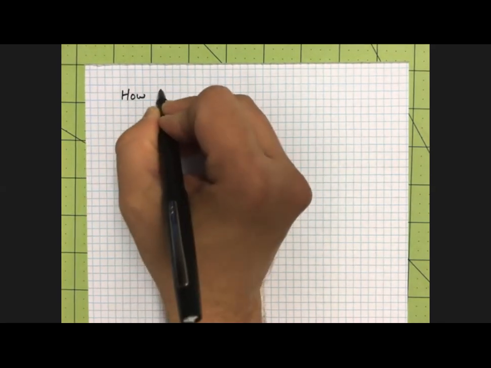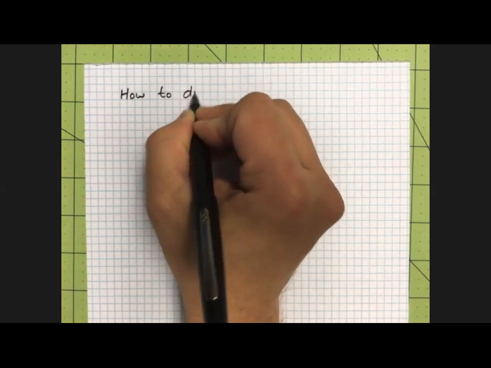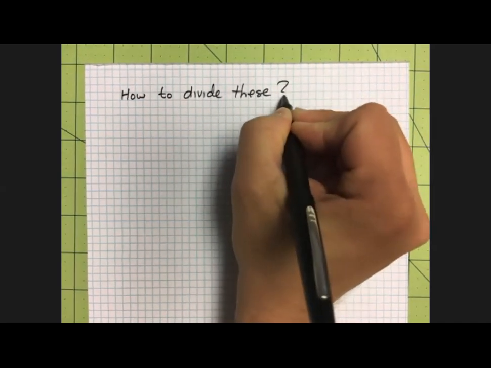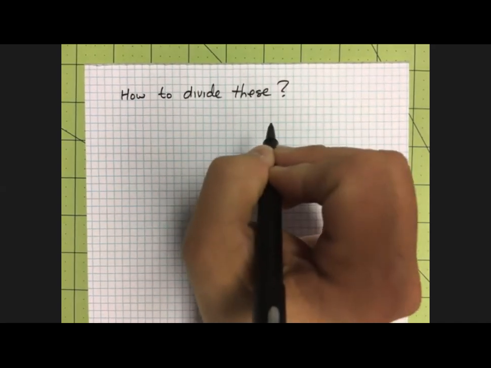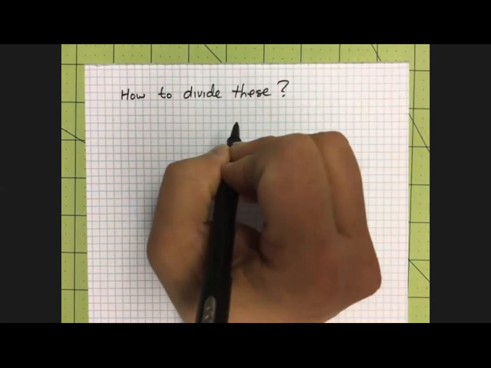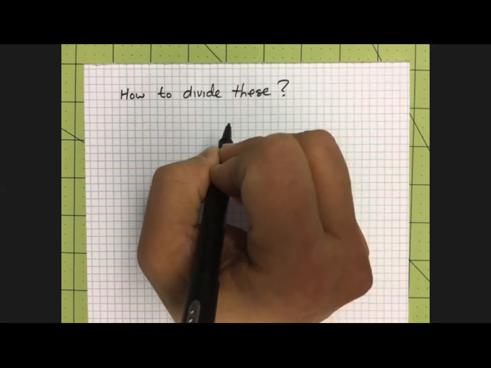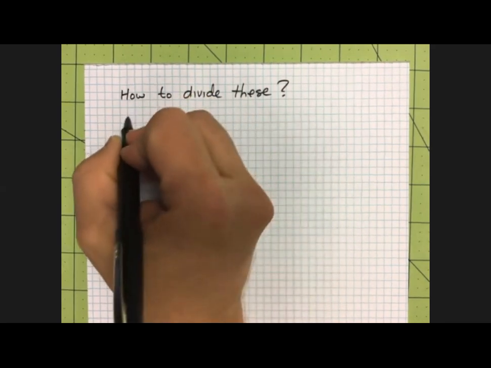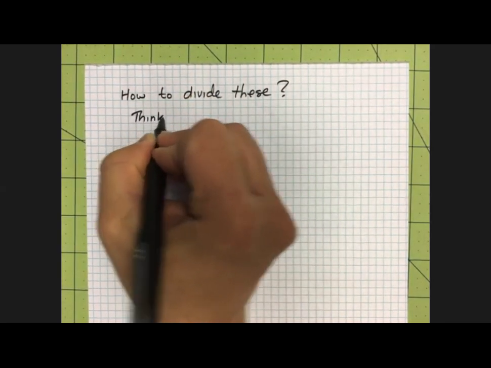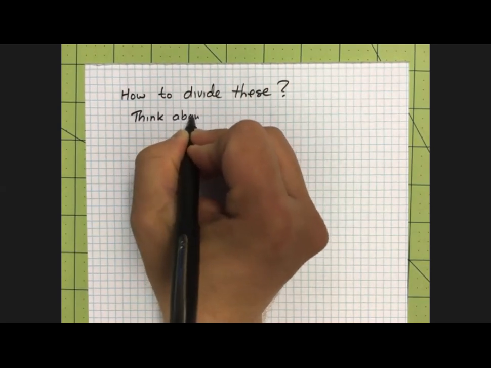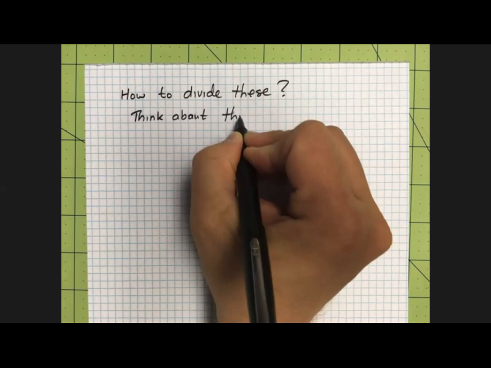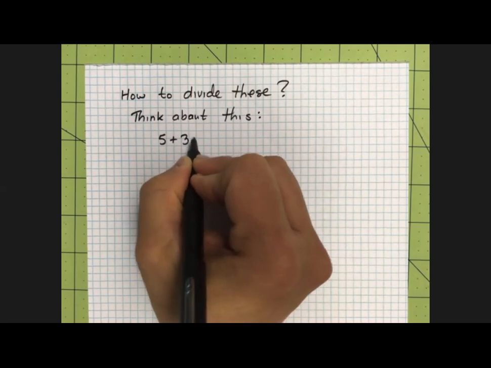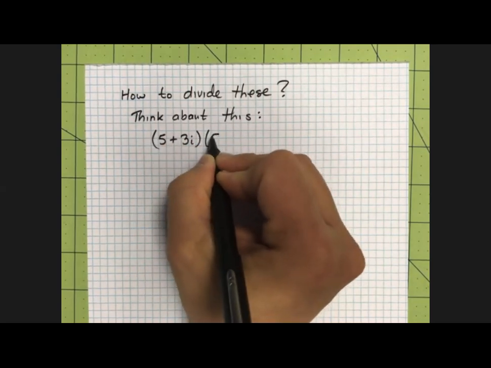So how are we going to divide? And it has to do with something we learned on Tuesday, the rationalizing of denominators. The difference of two squares formula. Think about this. What happens if you take 5 plus 3i times 5 minus 3i?